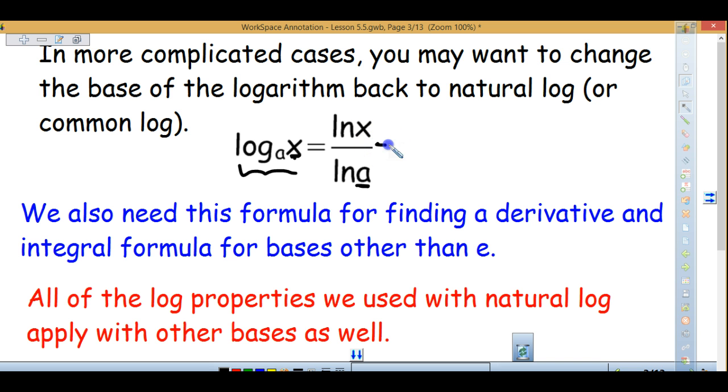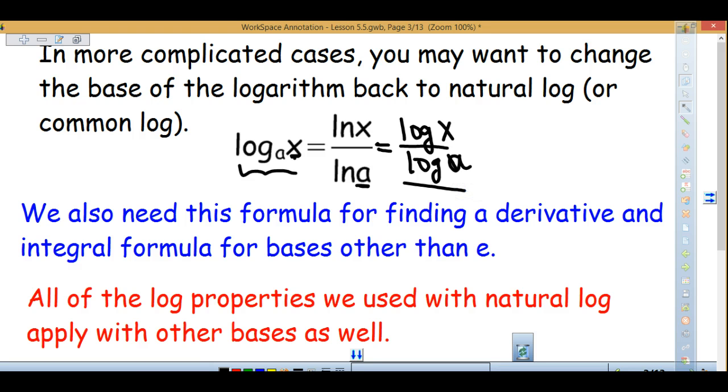Similarly, that's going to equal log of x over log of a. So you can really use this to convert to any log. We commonly work with natural logs in calculus just because we already have derivative and integral rules that apply for base e, but just so you're aware, you can use it for switching to common log as well.